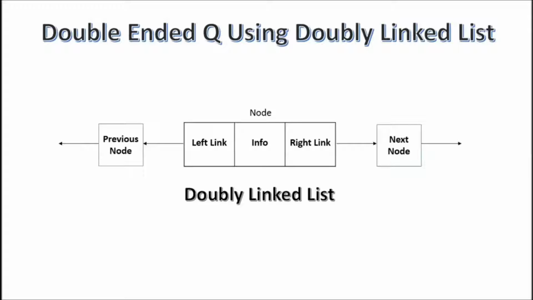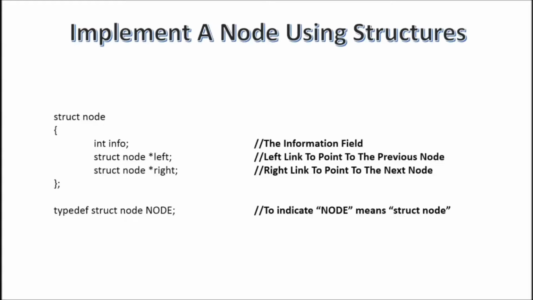So proceeding to the program, this program is about implementing a double-ended queue using doubly linked lists. Whenever we talk about linked lists, we talk about nodes, and we implement a node using structures, since we have data of more than one data type. We say struct node, and we have one integer variable called info, and two pointers, left and right.